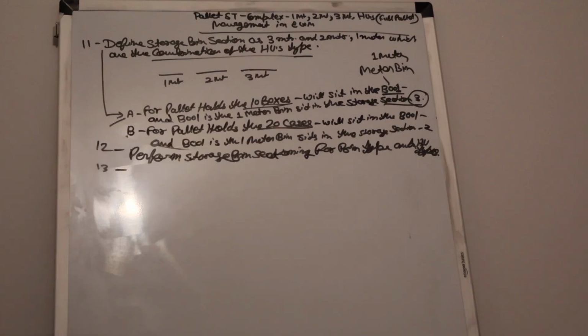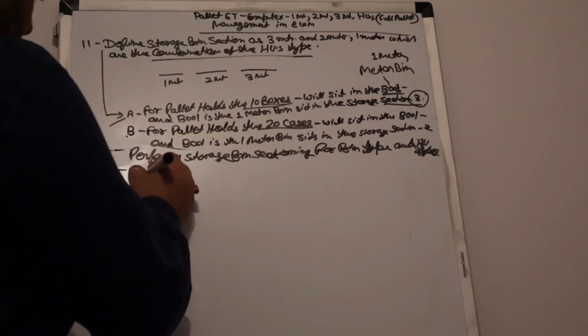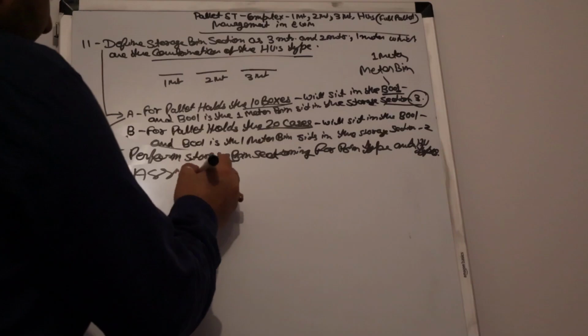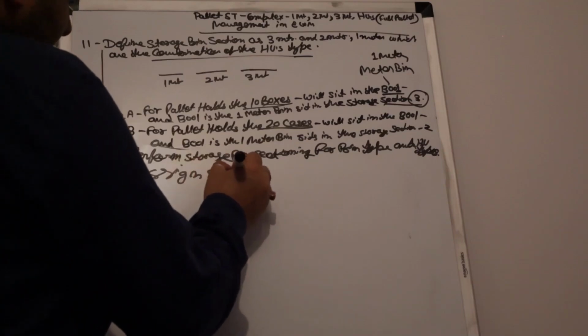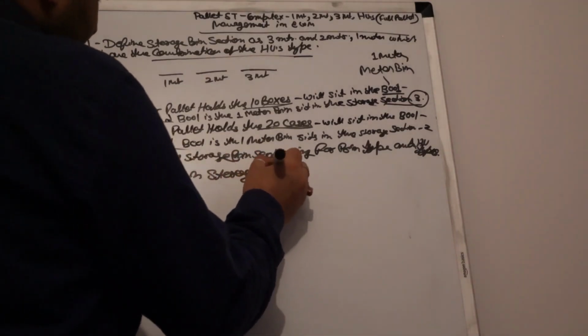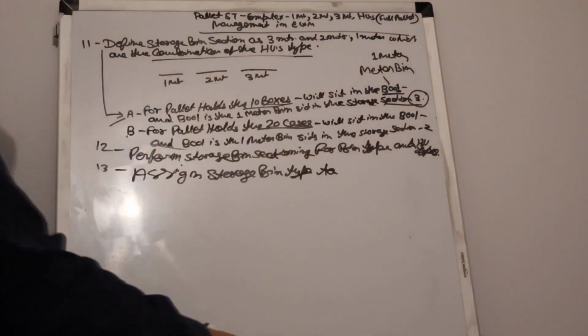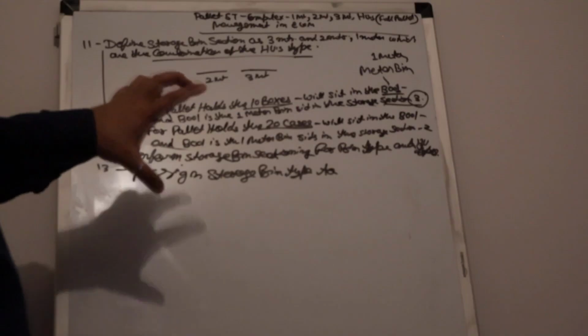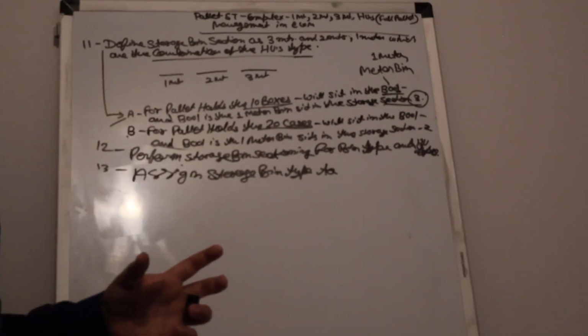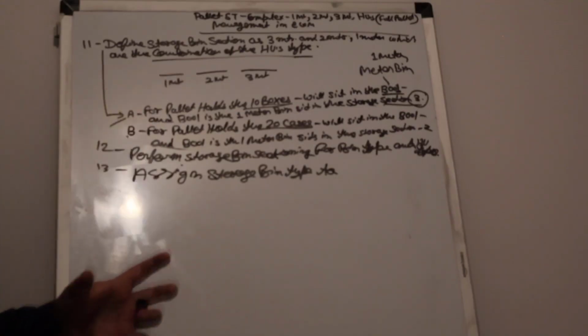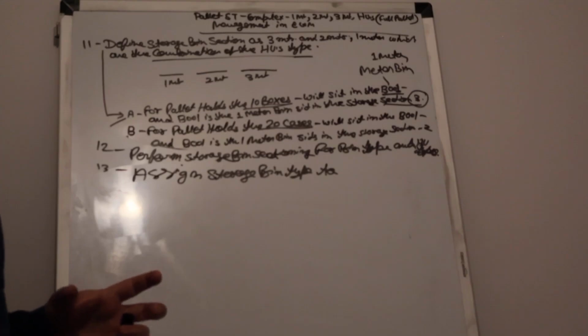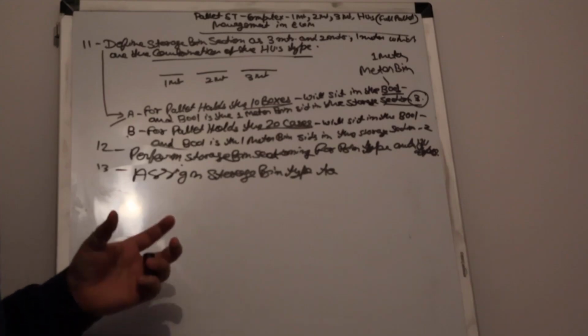Point 13: assign storage bin type to storage type. We have more configuration, but this is the small configuration I am showing today. Actually we have more, like how we do the segregation and the optimization.